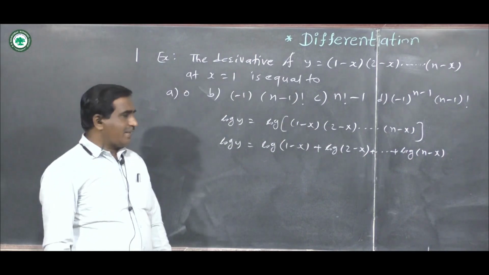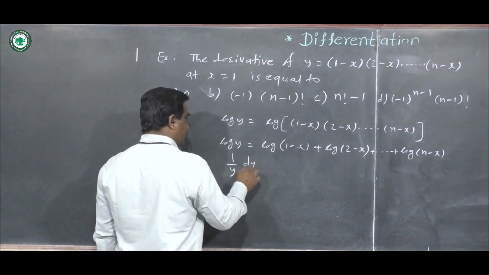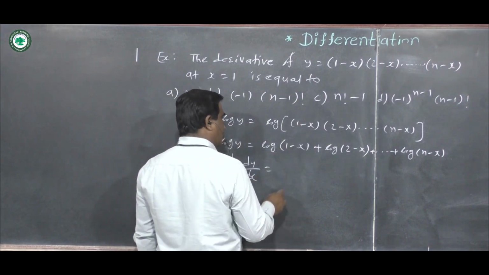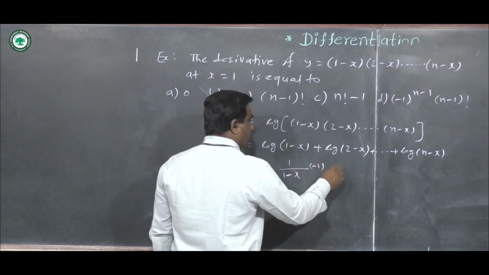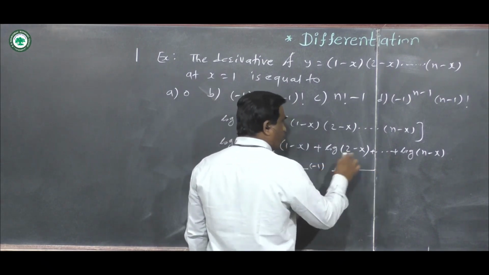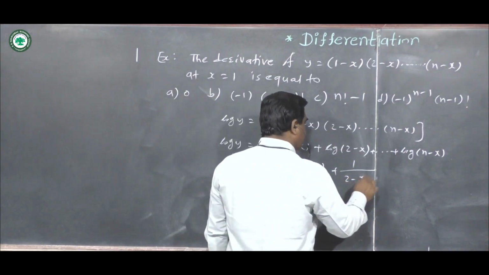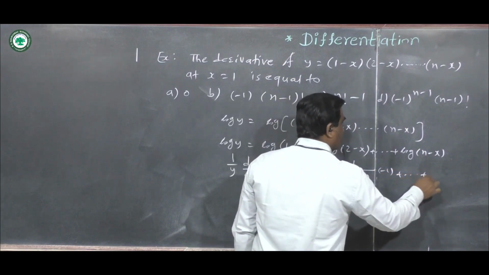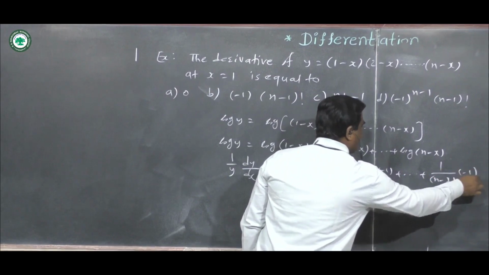Okay, now we can take the derivative, differentiate with respect to x: 1 upon y, dy by dx, derivative of log of 1 minus x, 1 upon 1 minus x into minus 1, plus derivative of log of 2 minus x, 1 upon 2 minus x into minus 1, plus so on, 1 upon n minus x into minus 1.